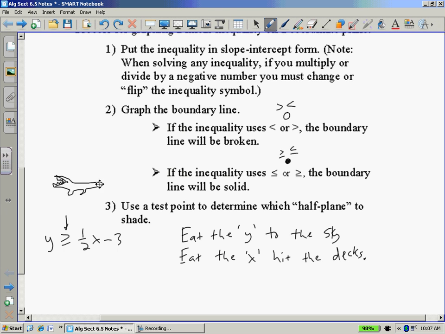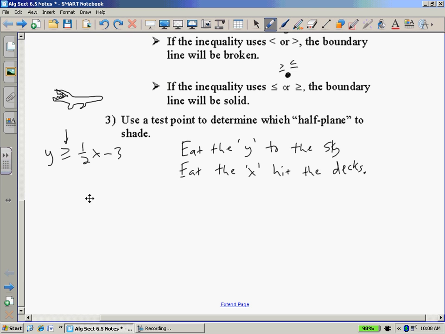So if you have, in this case, a little quick sketch up here, 1/2 x minus 3, that's my slope m, this is my y-intercept b. So we're going to the y-intercept, negative 3, down 3. I'm going to put a point there. We're going to rise 1, run 2. In fact, we could do it again.